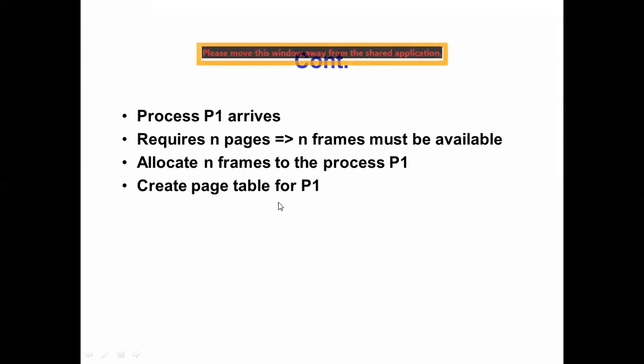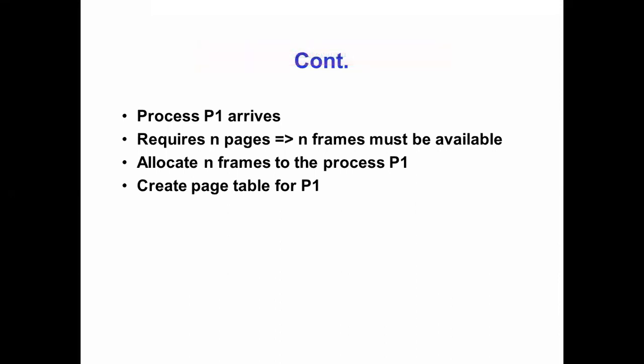Create a page table for P1. For this process, first we will create the page table. Whenever the process goes inside the CPU, it will create the number of pages. Here we are considering that there are n pages, which means n frames. It will form the page table for the process.